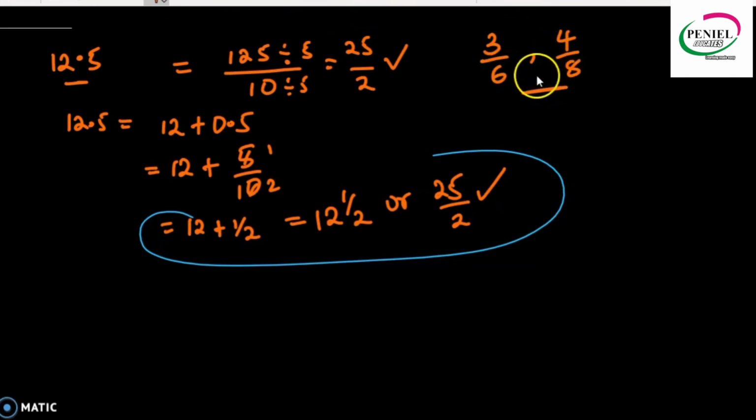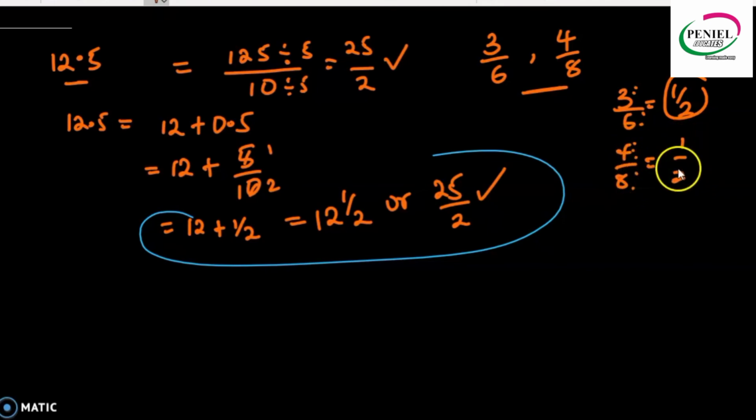All right, so what we need to do is to reduce 3 over 6 to its simplest form. If you reduce 3 over 6 to its simplest form, dividing by 3, it's going to give me a half. Then if I reduce 4 over 8 to its simplest form, this can be divided by 4, that's 1 over 2 also.